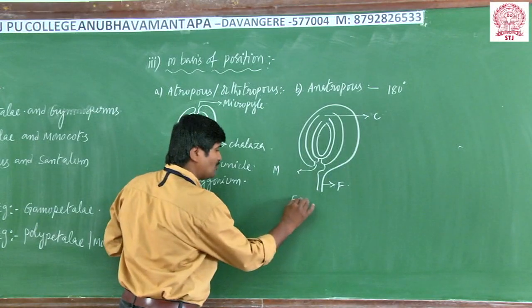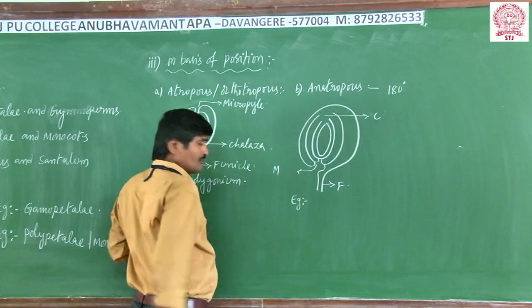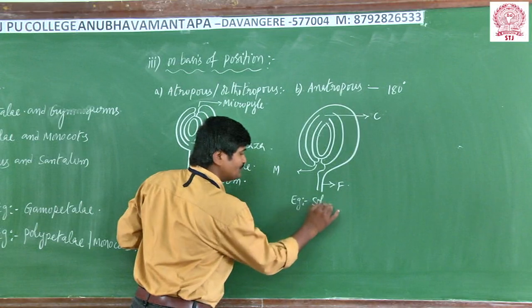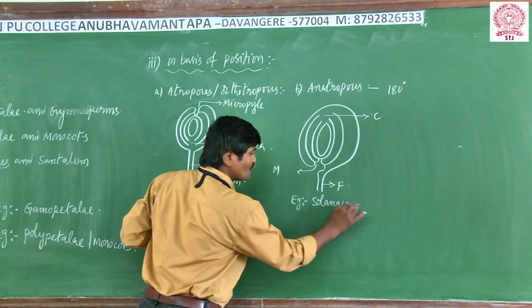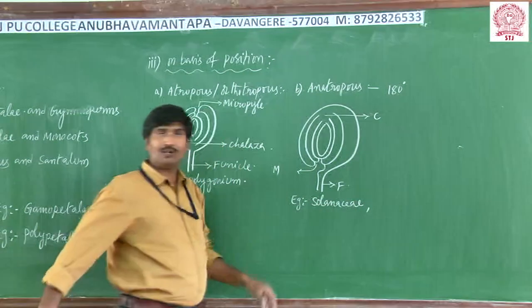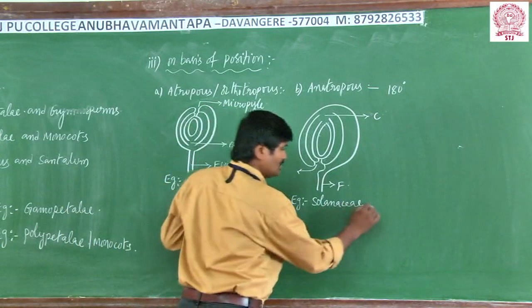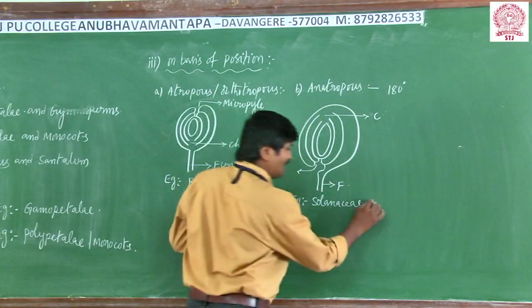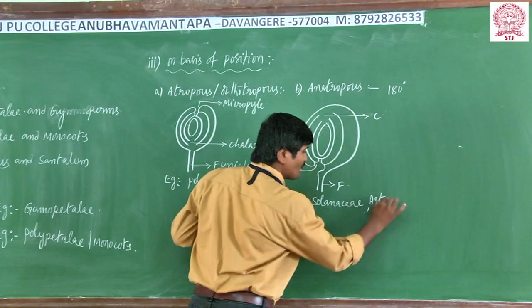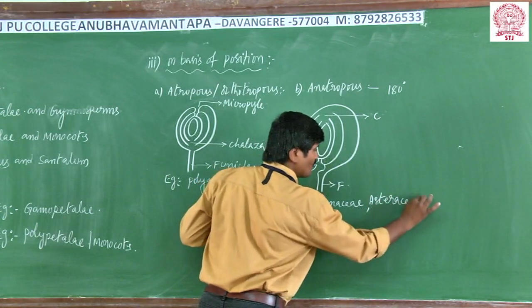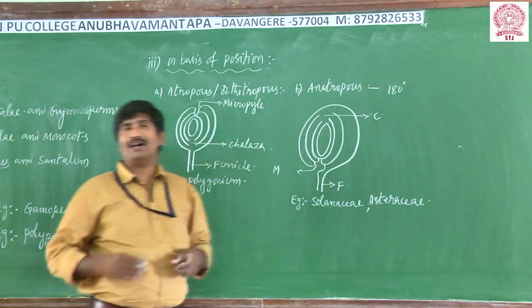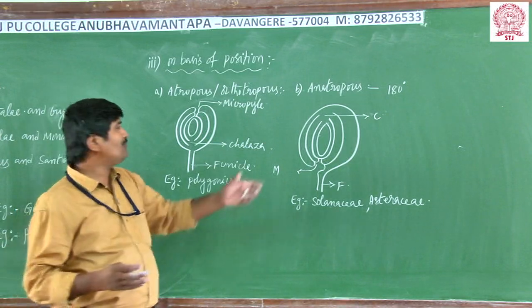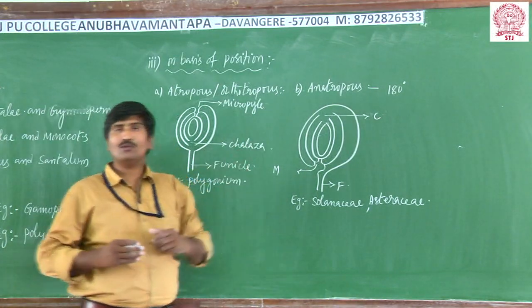Example for anatropous ovule: Solanaceae family, Asteraceae family, Cucurbitaceae family. These are all examples for anatropous ovule.